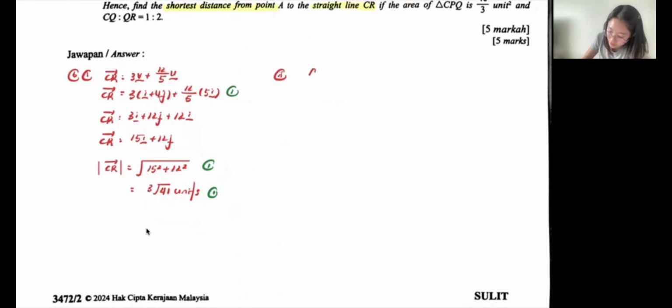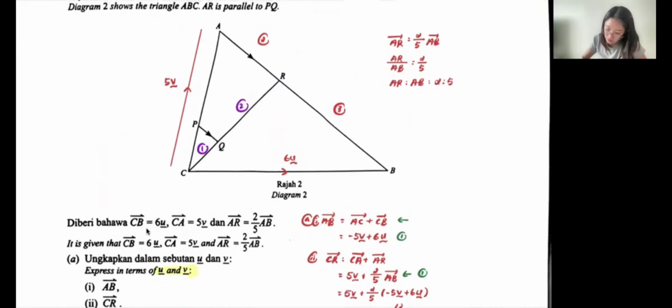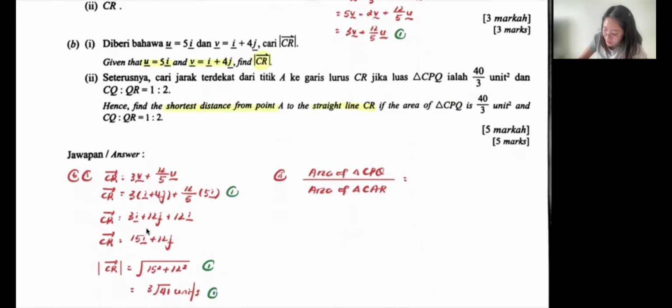They gave us the area of triangle CPQ, over the bigger triangle CAR, correct? I told you, if the smaller triangle is 1 part, the bigger triangle is 3 parts, triple. So the area given to you is 40 over 3. Then how do you find CAR?